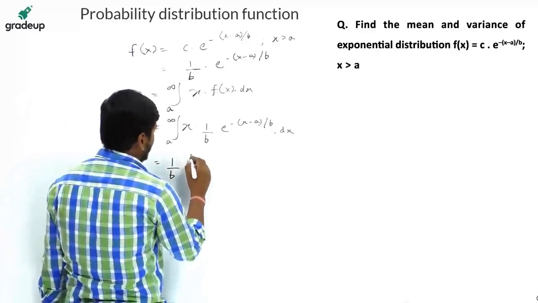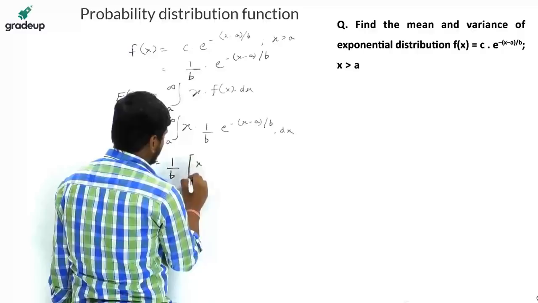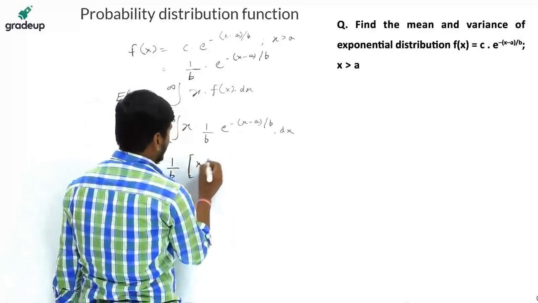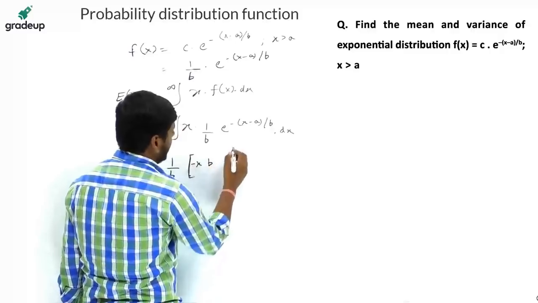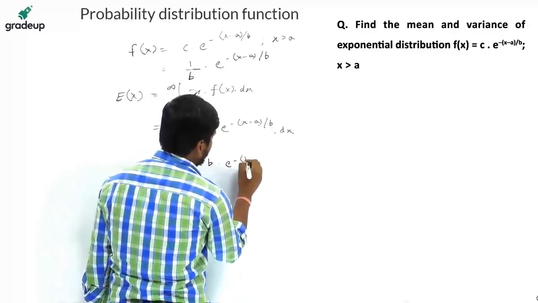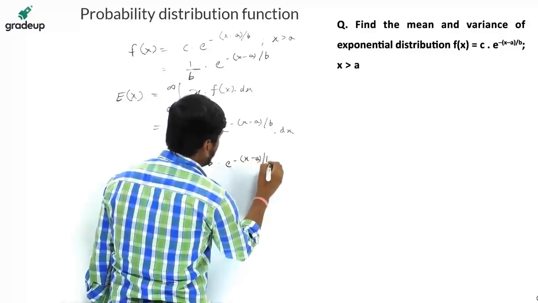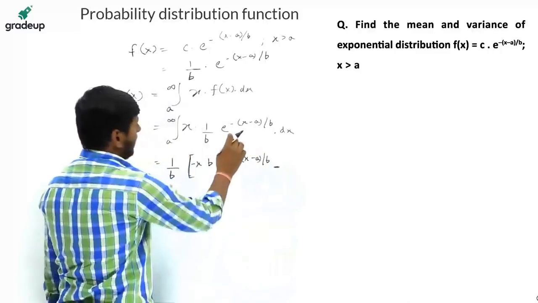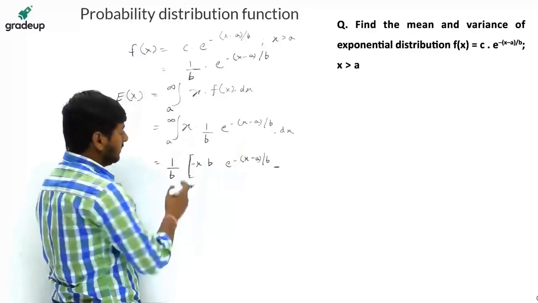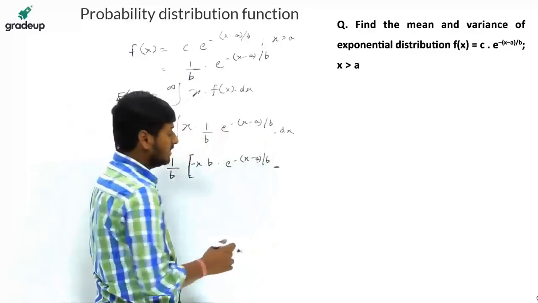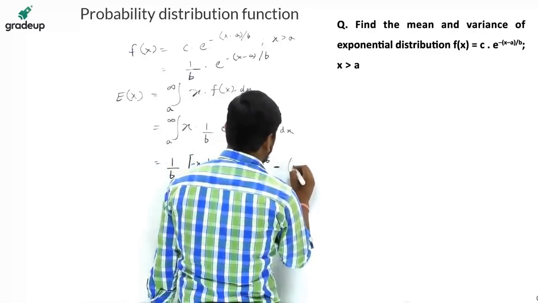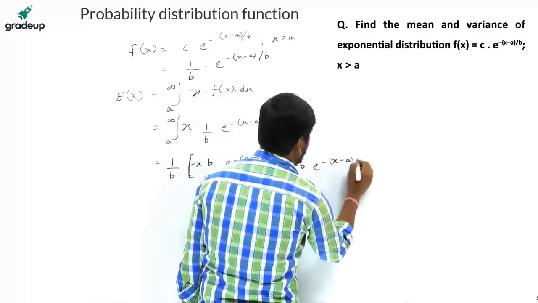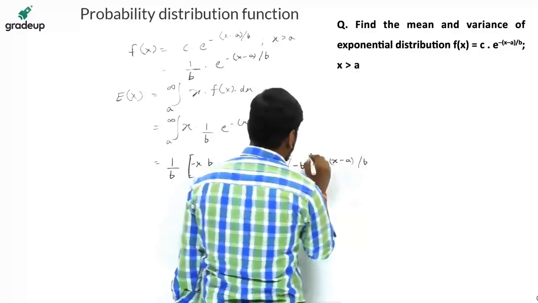So taking by parts, x as it is, integrating this, we get minus xb e to the power minus (x minus a) divided by b, minus differentiation of x is 1, integration of this is minus b e to the power minus (x minus a) divided by b, integration again.